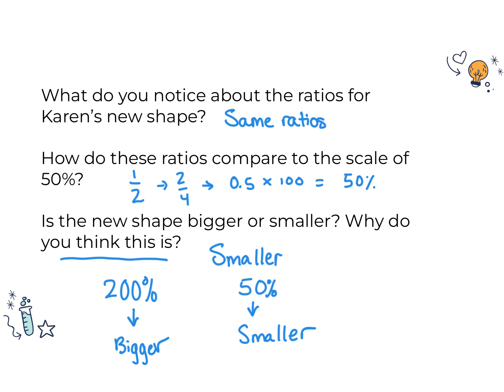What I want you to think about is, how does this number relate to 100%? And how does this number relate to 100%? Hopefully you see that 200% is bigger than 100%. Therefore, our shape would become bigger. And hopefully you can see that 50% is smaller than 100%, which would make our new shape smaller.